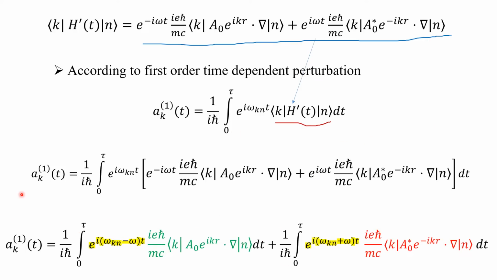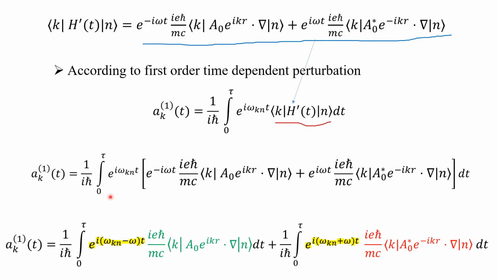That is here one over I H cross. I have brought this I H cross here in this integral, 1 over I H cross, and this I omega t minus I omega t. So I am taking this I omega t plus omega kn here.